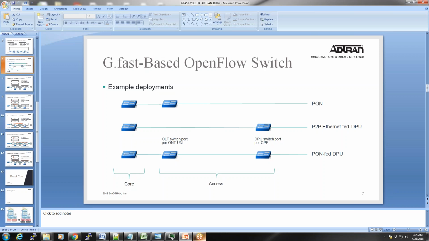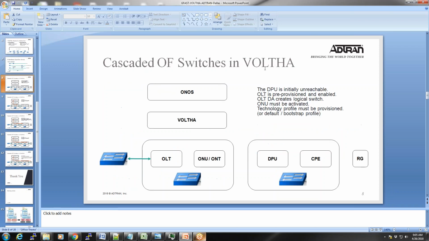This allows series and sequencing of both the OLT and the DPU, and that's what Philip went through from these slides, showing that an OLT and an ONU, as you know it today in VOLTHA, come on board, go through the sequences of discovery, go through the pre-provisioning, as well as the port up, etc. And then that ONU is now ready and listening to various authentication, etc. from a subscriber.